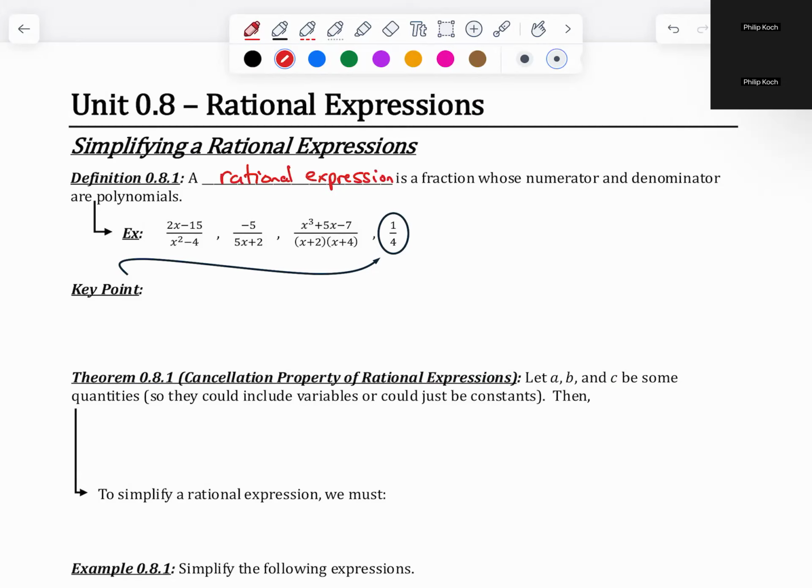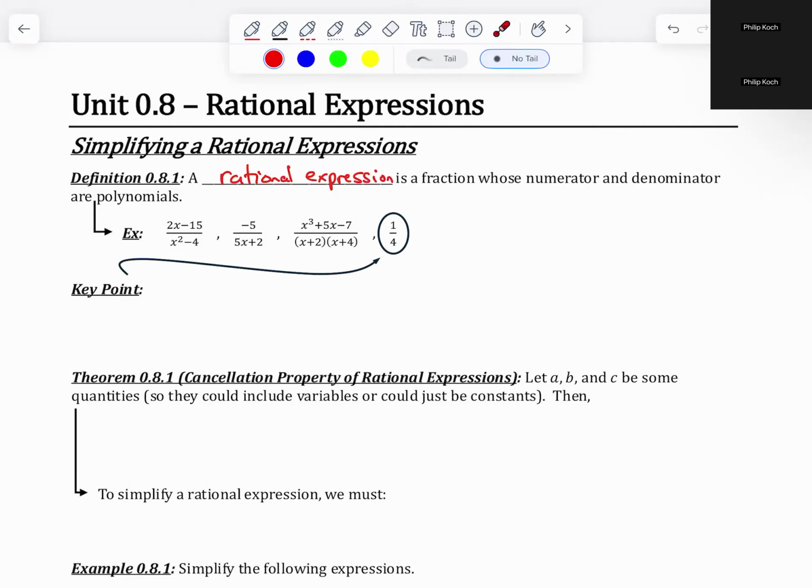Now, if we take two polynomials and we divide them together, there's way more that we can do with them. So, for example, we've got 2x plus 5 over x squared minus 4. That's a rational expression. Negative 5 over 5x plus 2. x cubed plus 5x minus 7 over x plus 2 times x plus 4. That's a polynomial whose denominator has been factored, but that's still a polynomial. It's just in factored form.